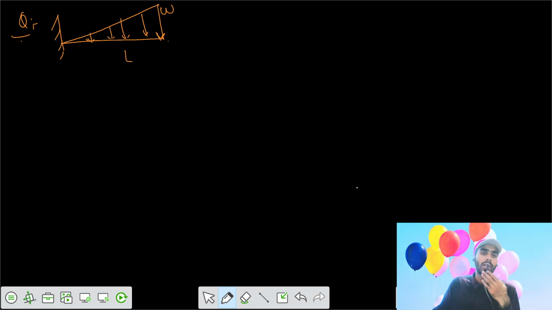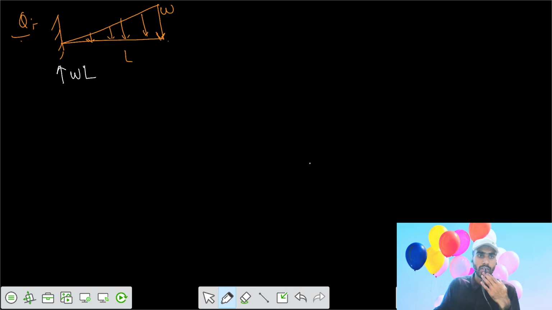So let's cut the section. We don't have to get the reactions. We can cut the section, or let's get the reactions. It's up to us what we want. We can directly solve the reaction, after doing the summation Fy equals 0.